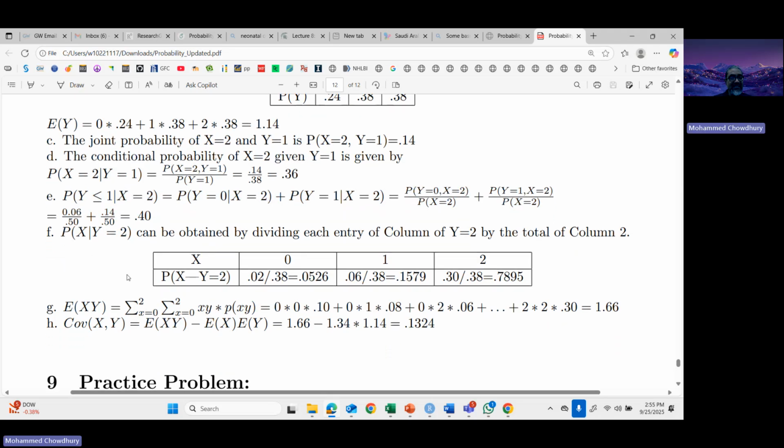After this, x given y equal to 2 can be obtained by dividing each entry of the column. Now take a look at that; you have to understand these things. I want to find the conditional distribution of x when y equal to 2. The way I have written it here, this should actually be a vertical line, so let me go there and change it.